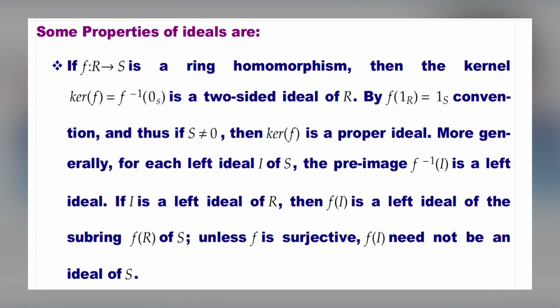More generally, for each left ideal I of S, the pre-image f⁻¹(I) is a left ideal. If I is a left ideal of R, then f(I) is a left ideal of the subring f(R) of S. Unless f is surjective, f(I) need not be an ideal of S.